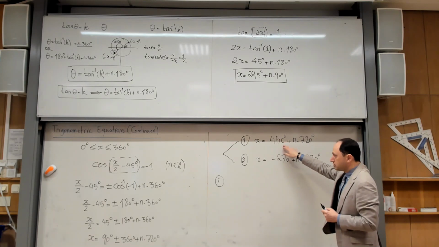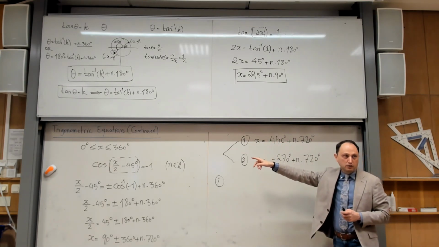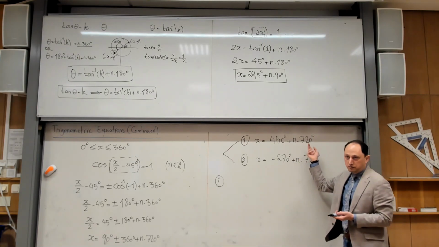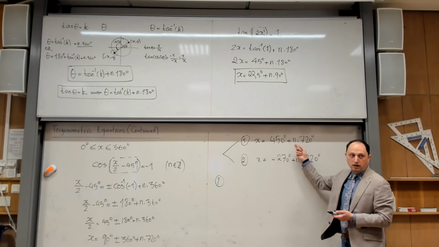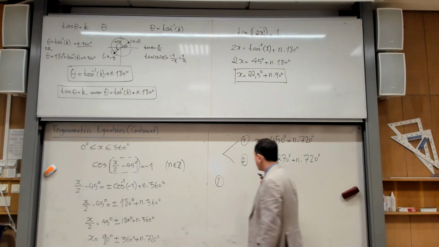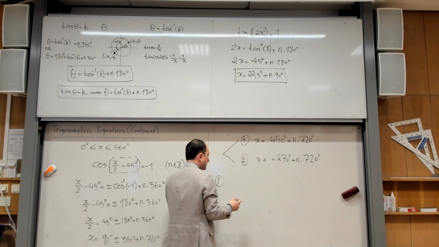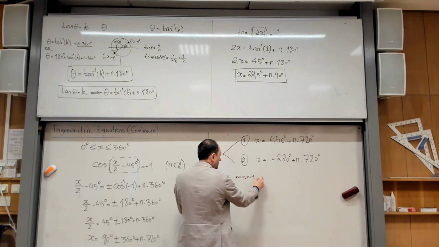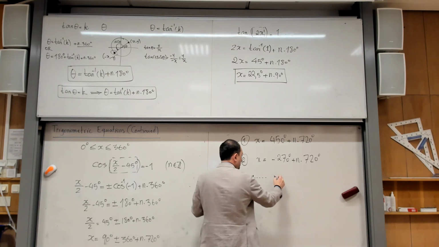It is an answer, but not an acceptable one in that interval. So you don't need to put 0. Should I increase n? It's pointless, yes? If I increase n, I even get higher and higher values. But you have to also consider negative values. So you see that for n equals 0, n equals 1, etc., not in this interval.